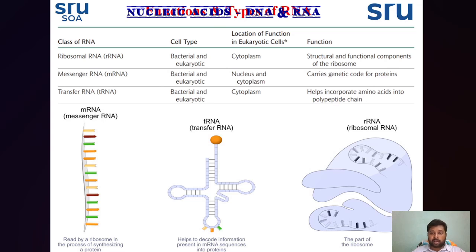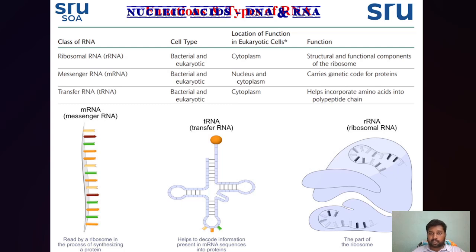The messenger RNA carries the genetic code for proteins, whereas the transfer RNA helps incorporate amino acids into the polypeptide chain, and ribosomal RNA constitutes 80% of total cellular RNA. The major function of ribosomal RNA is as a structural and functional component of the ribosome. The locations are given here.